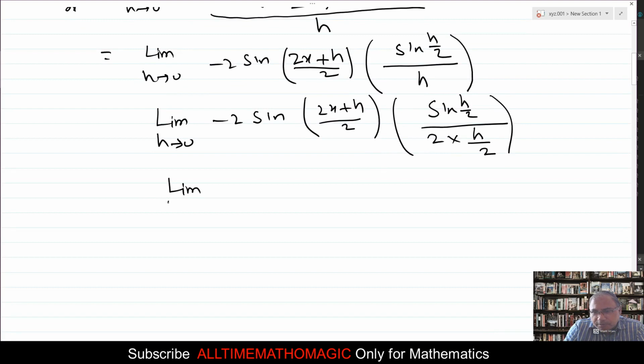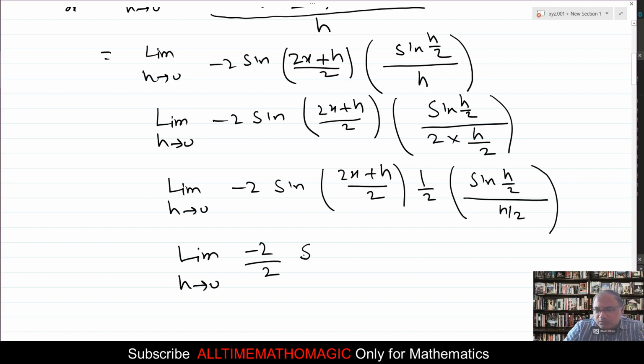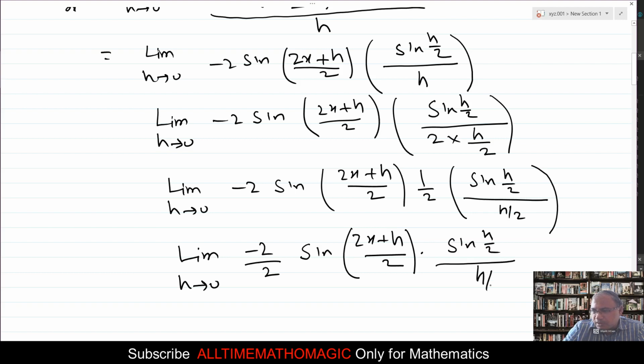So limit h tending to 0 of minus 2 sin of (2x plus h) by 2, with 1 by 2 taken outside, sin h by 2 upon h by 2. So limit h tending to 0 of minus 2 upon 2 sin of (2x plus h) by 2 and sin h by 2 upon h by 2.